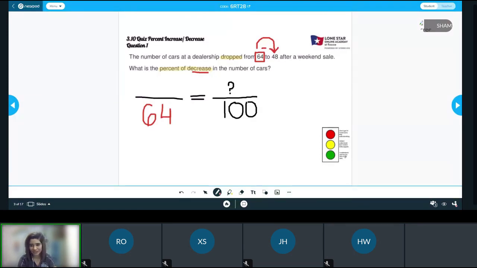Go ahead, calculate and let me know. You do 64 minus 48 and you get 16. The price dropped by 16. Very good, Jocelyn. Then you want to change it to a percent.